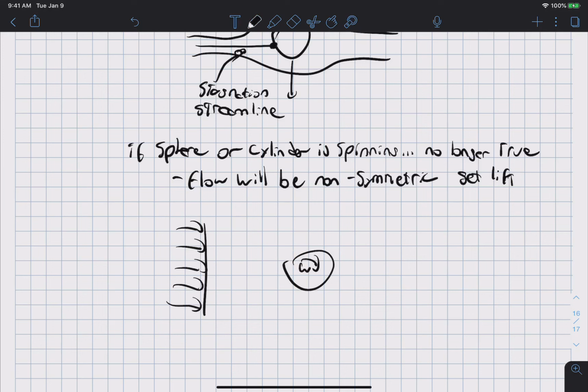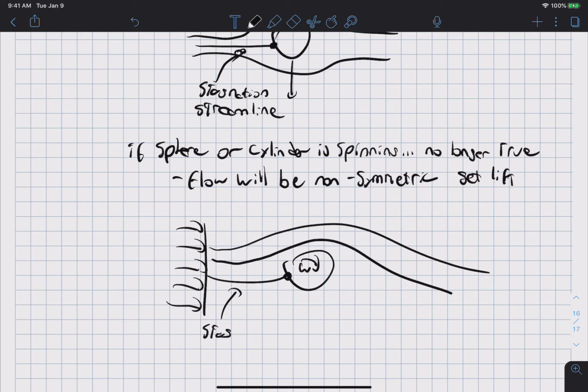And so the streamlines, instead of being symmetric, get affected by that, and they actually turn and do something more like this. And the stagnation streamline looks something like this. The streamlines will look something like this, and this is the wake.